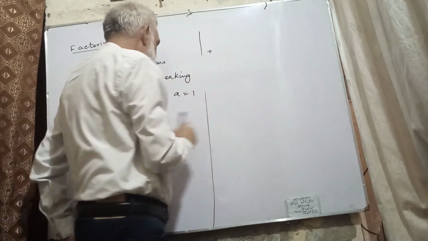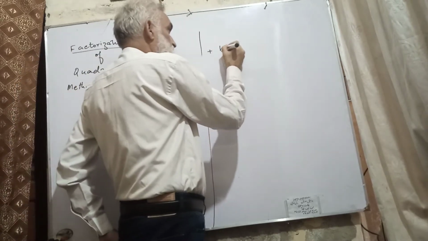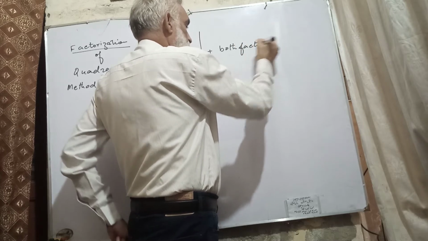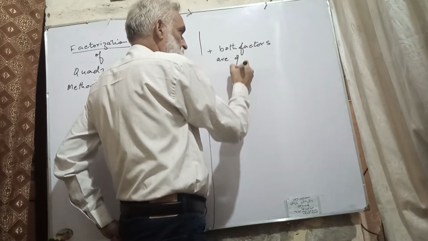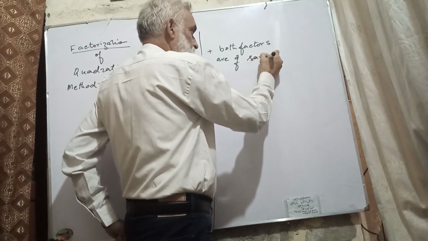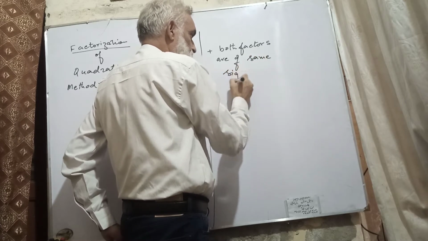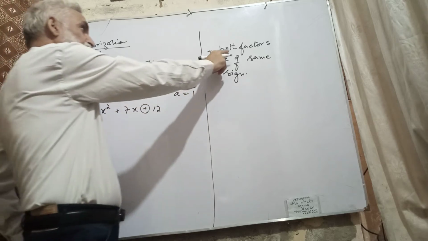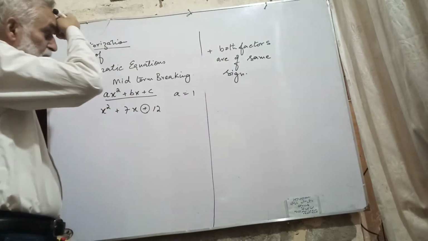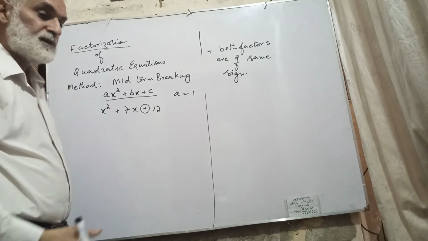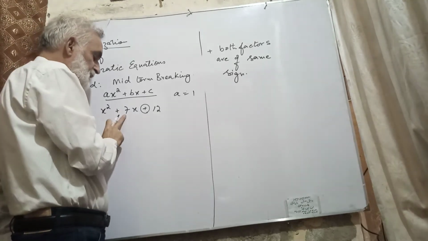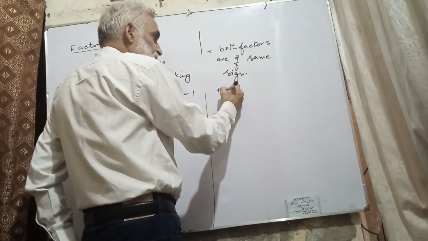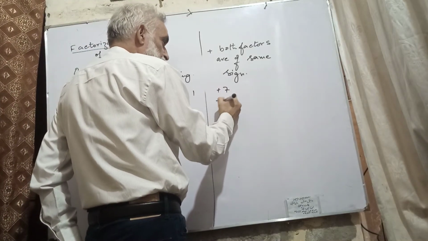If there is a plus sign, it means both factors are of the same sign. Here the sign is positive, it means both factors are positive. So now we just need two numbers. When we add them, we get 7, and when we multiply them, we get 12. So plus 7 and plus 12.